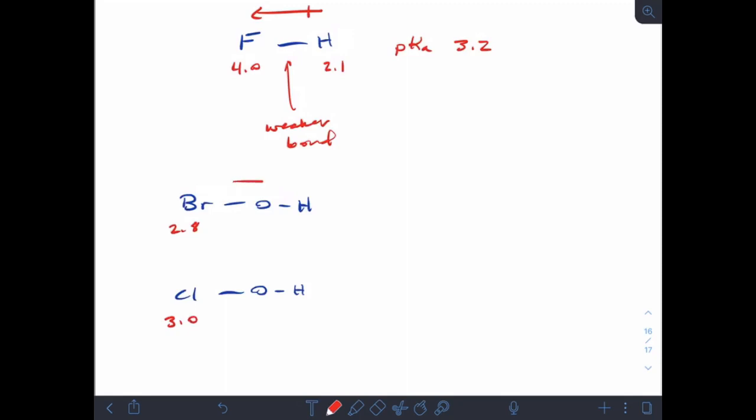So we'll have a definite pull towards the bromine, but a larger pull towards the chlorine. Our pKa's are 8.7 and 7.5.